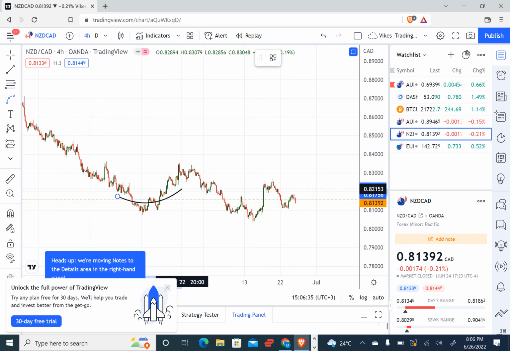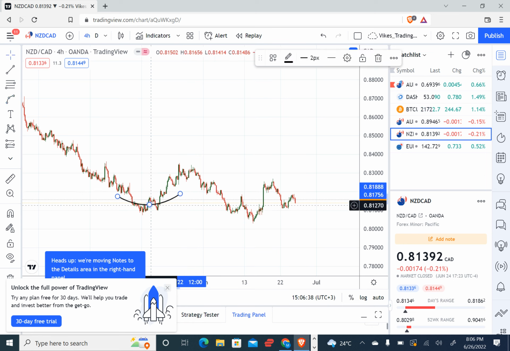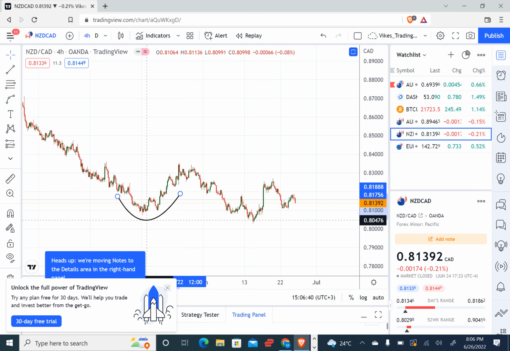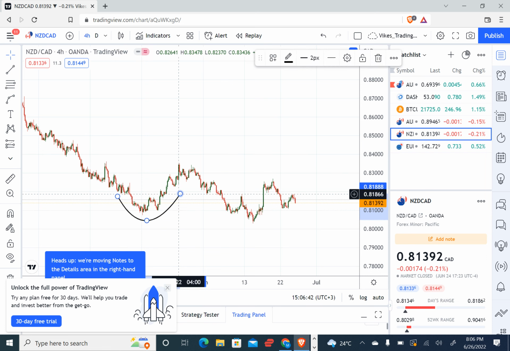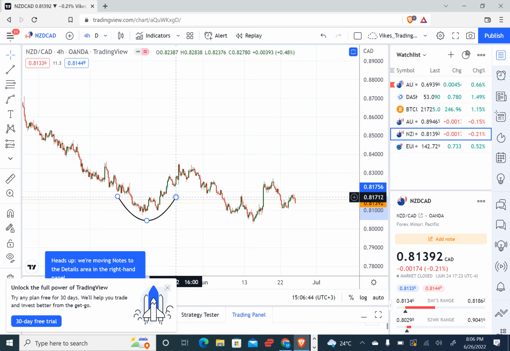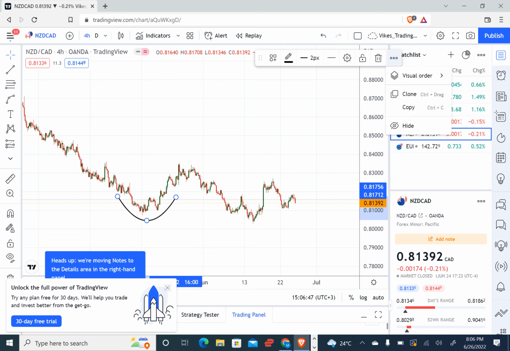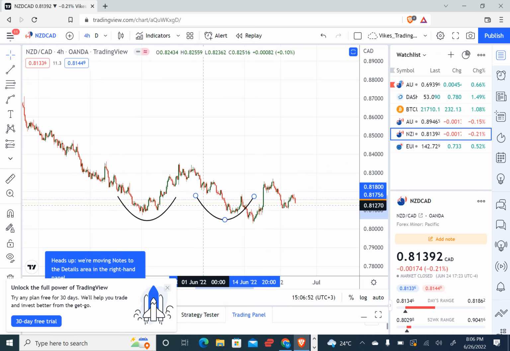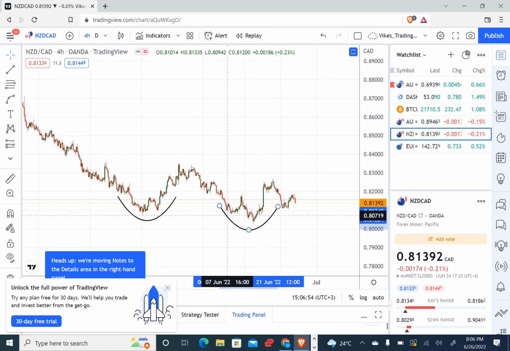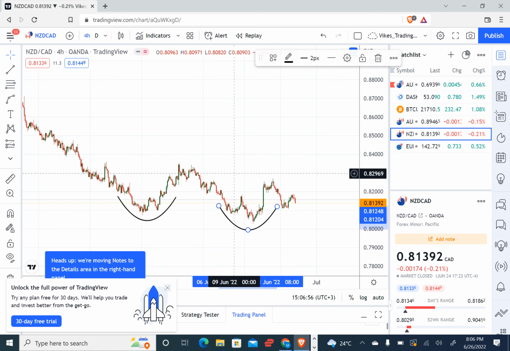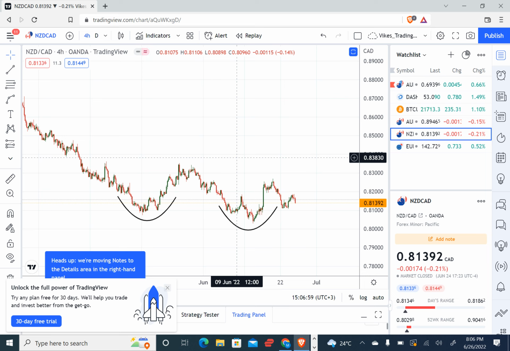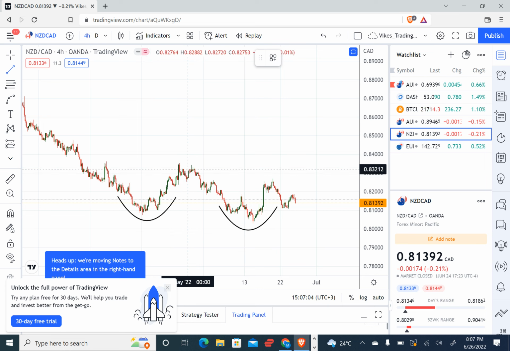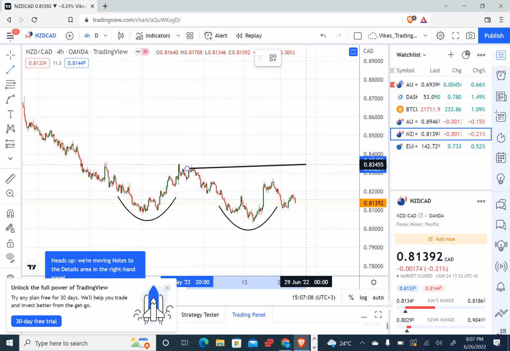I like using this one, the curves, to show my double bottoms and double tops. So there is my double bottom. My target price should be around the neckline, so around 83.50. Here's my target.